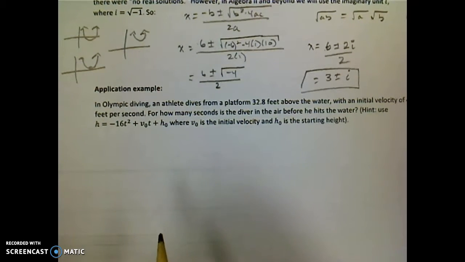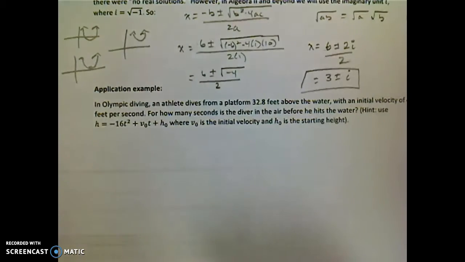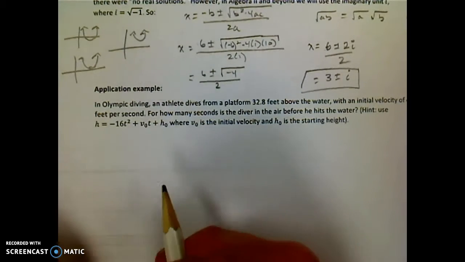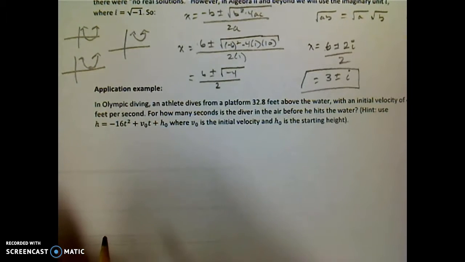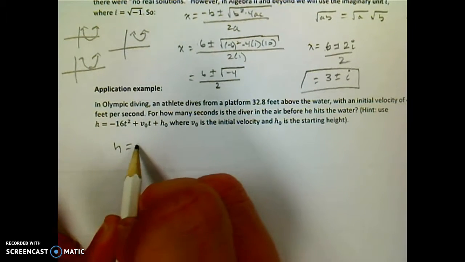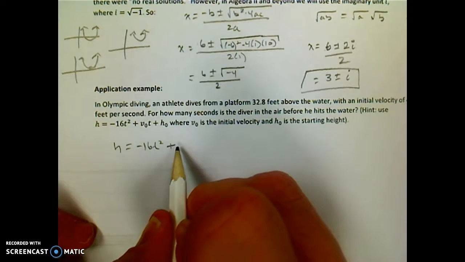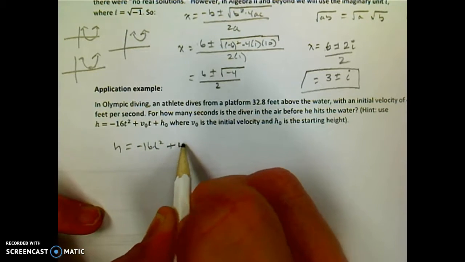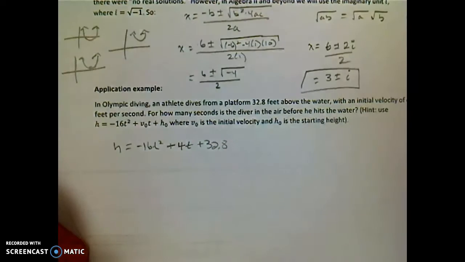Lastly, let's take a look at applying this to a word problem. So, Olympic diver, the platform 32.8 feet above the water, initial velocity of 4 feet per second. How long is the diver in the air before hitting the water? So h equals negative 16t squared plus 4t plus 32.8.